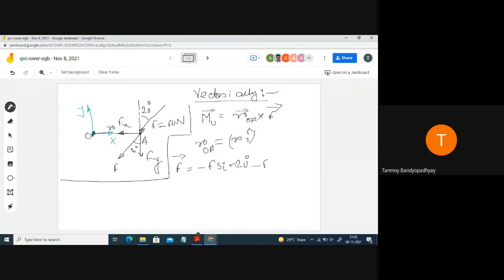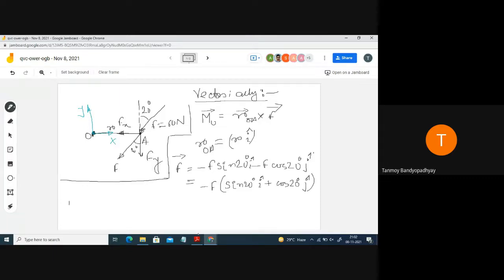Both are negative, so you take minus F as common, and you are left with sine 20 degrees i cap plus cos 20 degrees j cap.